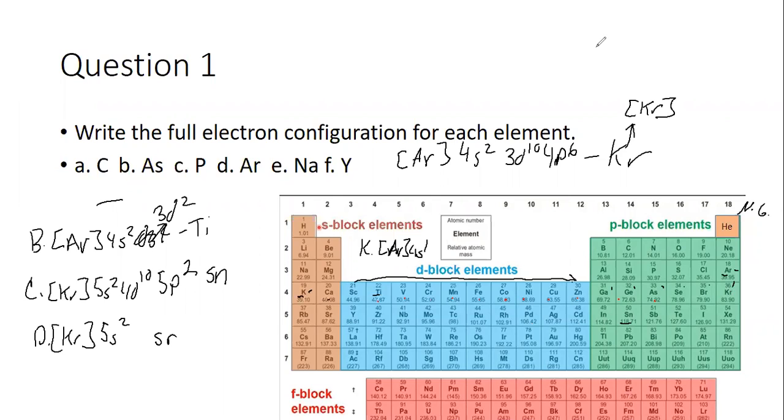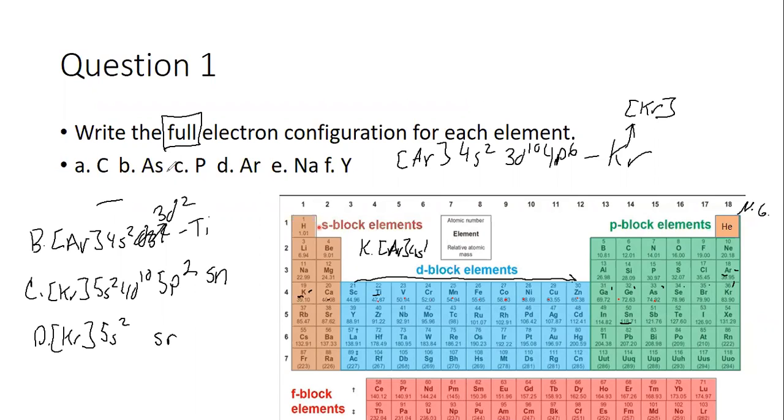Any questions about the shorthand way to write electron configurations? And I'll say right now on a test, I would accept either form unless I specifically ask. If I specifically ask for full, that means write out everything, like 1s2, 2s2.